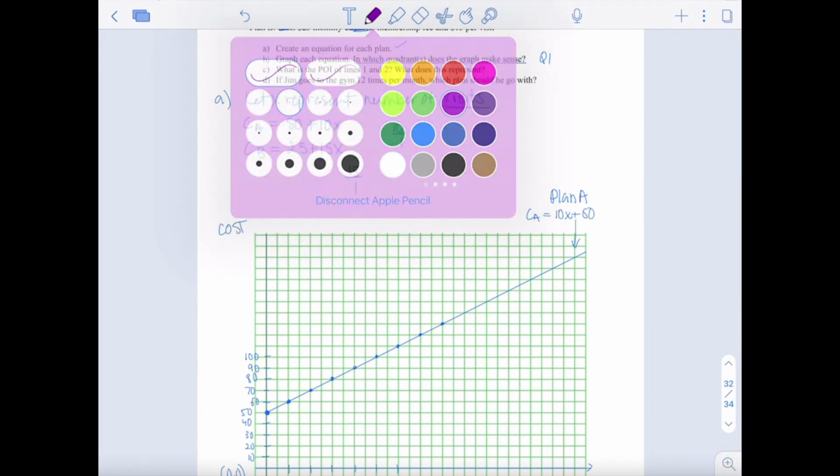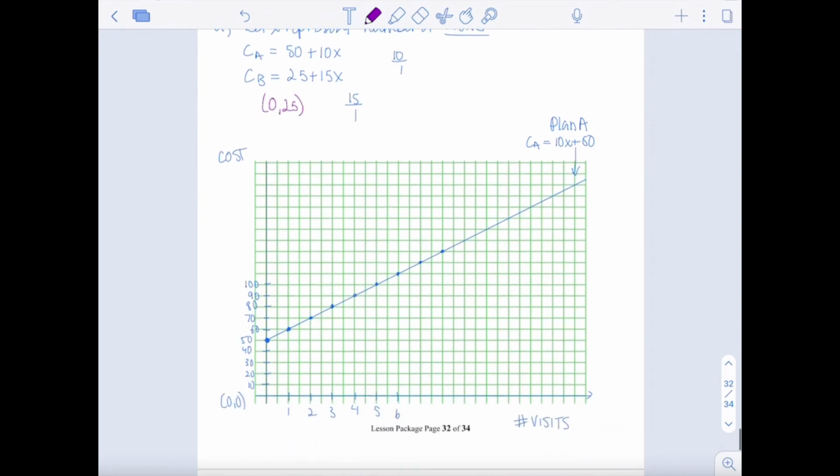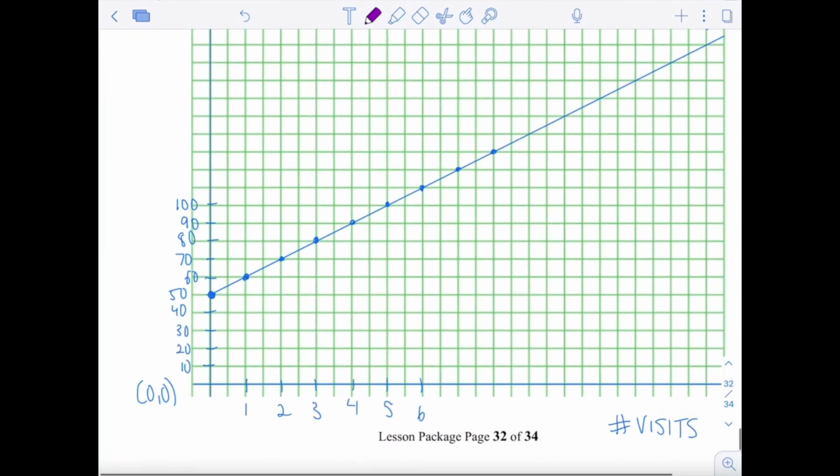Now let's do plan B in purple, and I'm going to start at 25. So I know I'm on a half square, but that's okay.